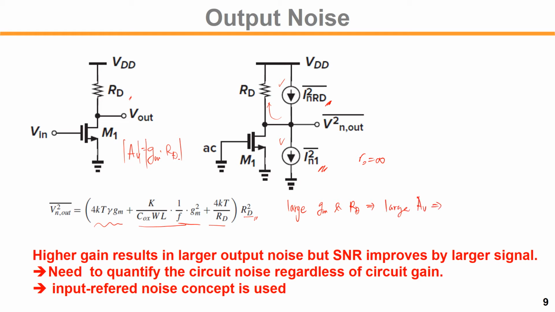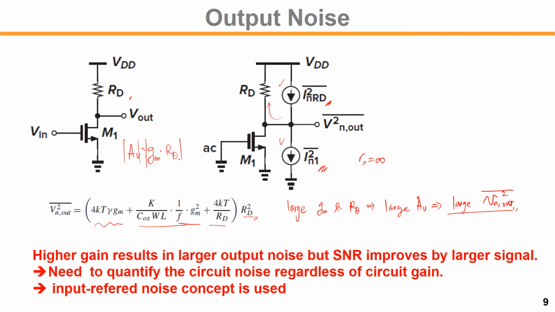That results in what? A large output noise, large Vn,out squared. So what would our conclusion be? Do we have to reduce gm or RD? But that will result in smaller gain. So do we have to implement minimum gain or small gain?